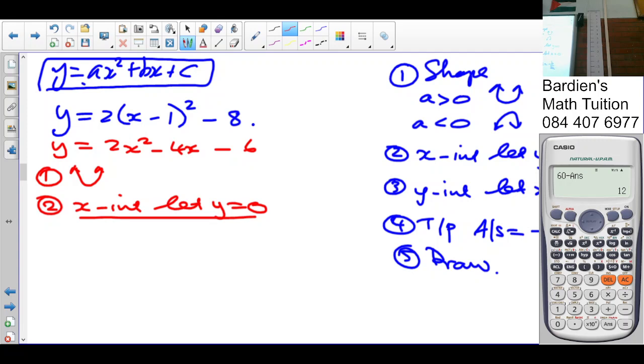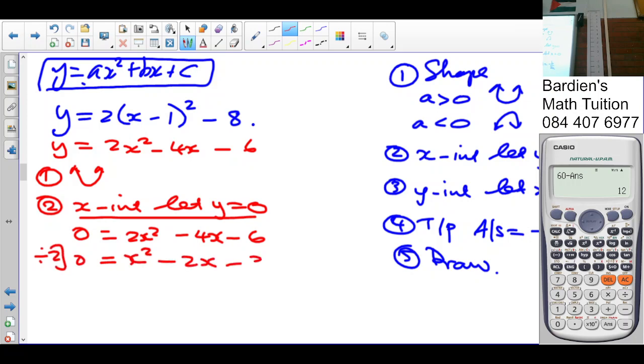Okay, so what do we get? 0 equals 2x squared minus 4x minus 6. So when you factorize that, we get 0 equals x squared minus 2x minus 3. Now, if you are a person that can't factorize a trinomial, don't be brave. Use the quadratic formula.